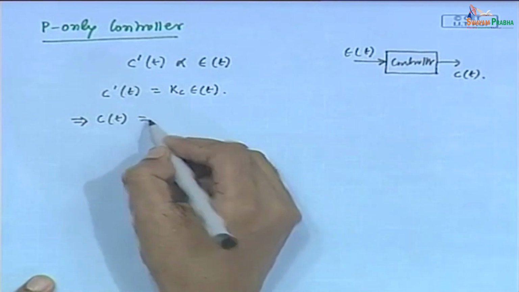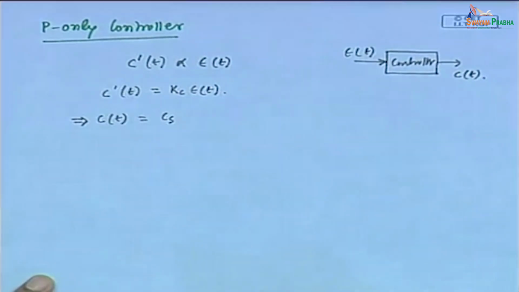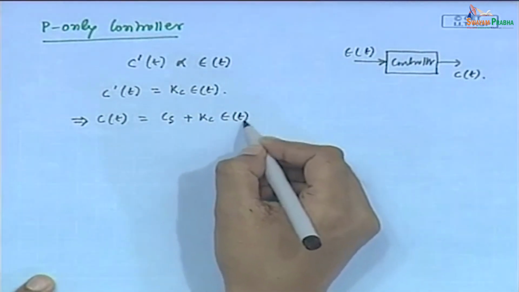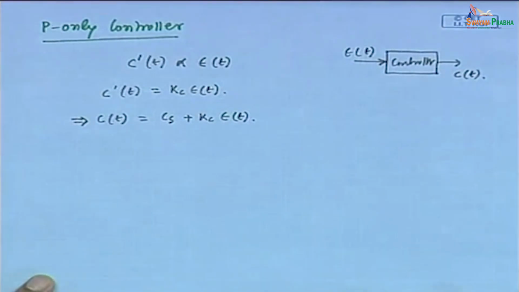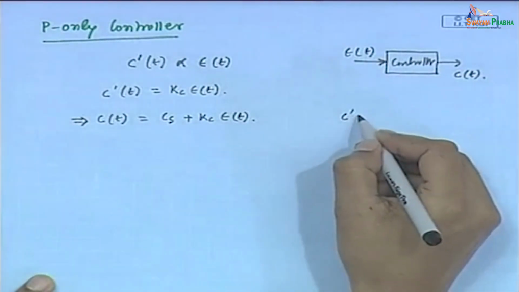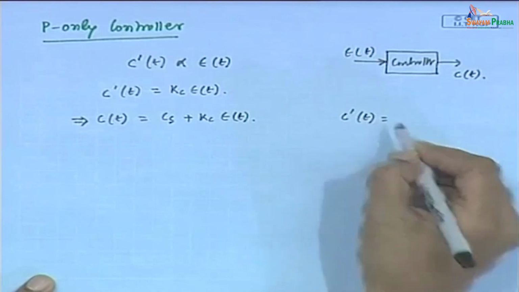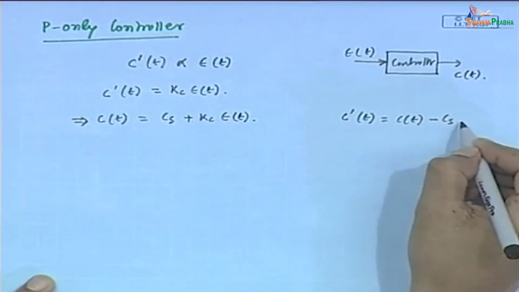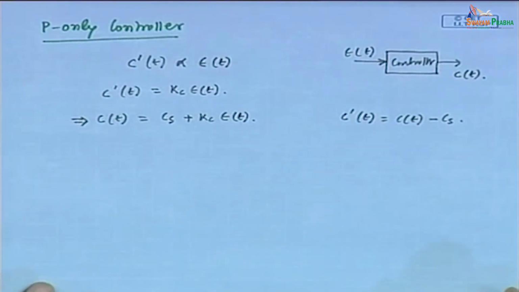And finally, we write Ct equals Cs plus Kc epsilon t, where C prime t is equal to Ct minus Cs. I have mentioned that C prime is the deviation variable.